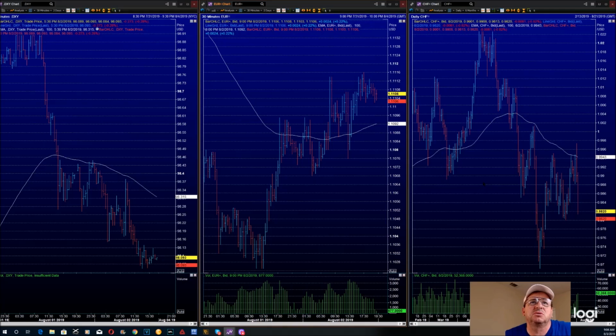Many times Swiss franc is going better than euro. When you look at euro and Swiss franc, actually euro is dropping, it means going down versus Swiss franc. So to me, Swiss franc is stronger than euro for now.